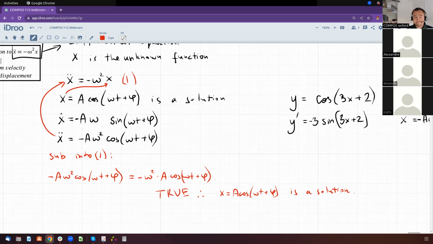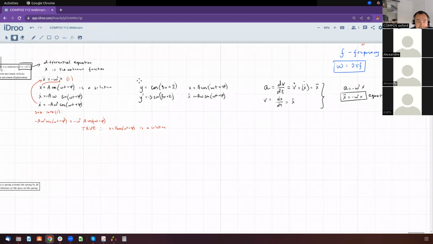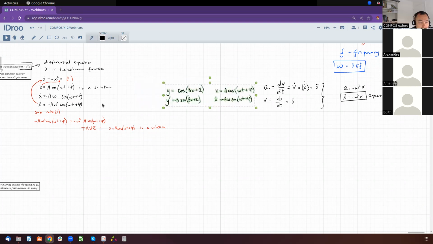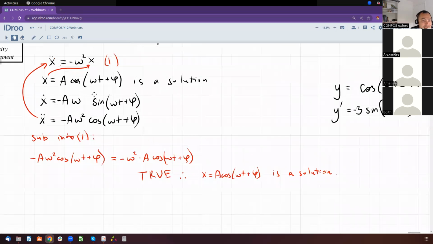Okay. Now, let's look at these closely. So this is the displacement.